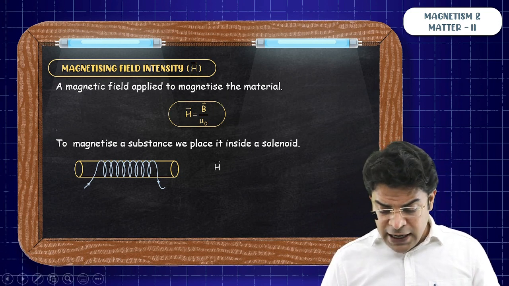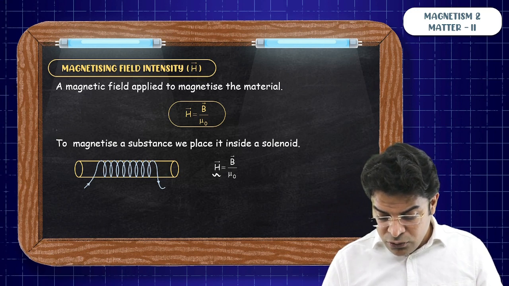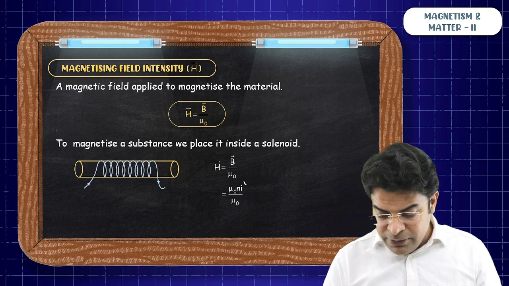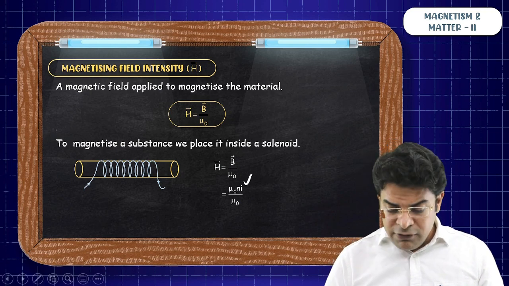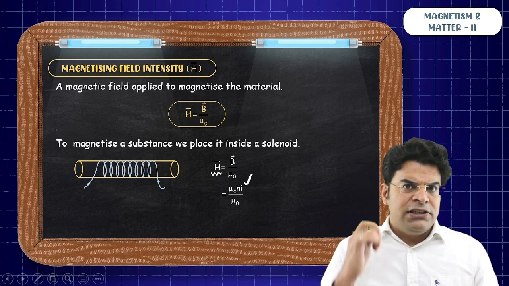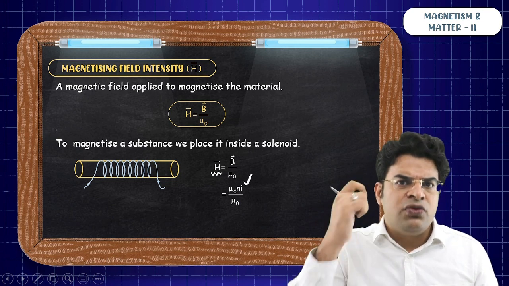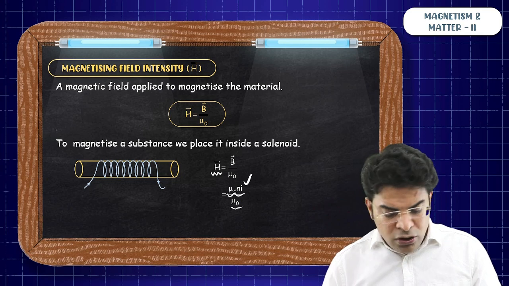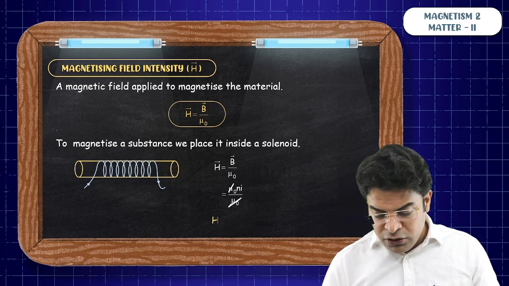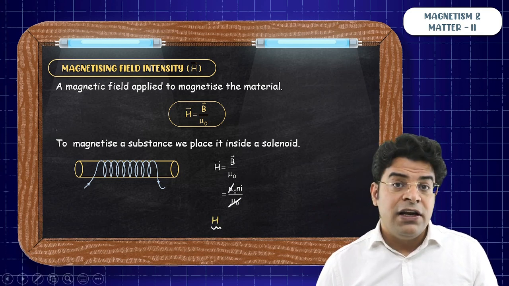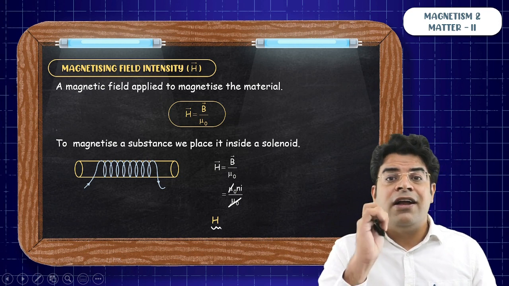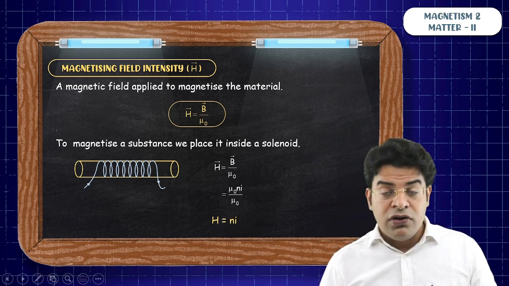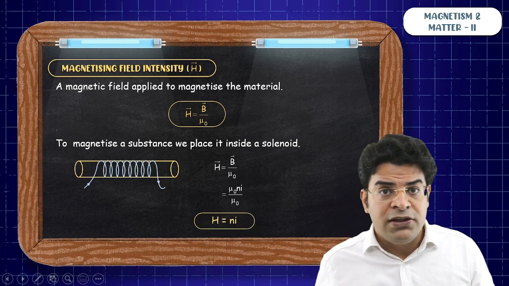So we know that H equals B by mu naught, and the magnetic field inside a solenoid can be written as mu naught N I. So the magnetizing field intensity, the external magnetic field which is trying to magnetize the substance, is mu naught N I divided by mu naught, and cancelling out mu naught, you get that the magnetizing field intensity inside a solenoid when a current I flows through it is nothing but N I, where N is the number of turns in the solenoid per unit length.